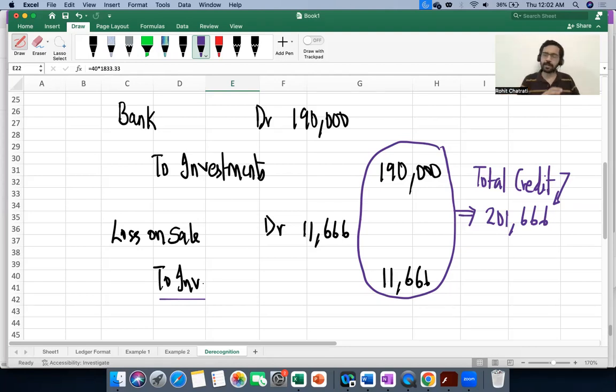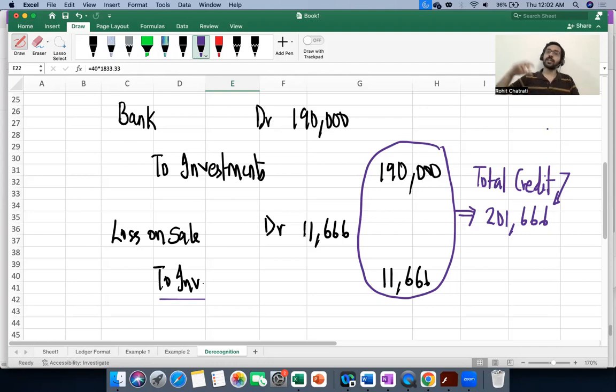73,333. I'm repeating myself. If you prepare a ledger account at this stage, you have total debits of 2,75,000, and then you will have two credits also. The first credit will be that of by bank account 1,90,000. The second credit will be by loss on sale of investments 11,666.